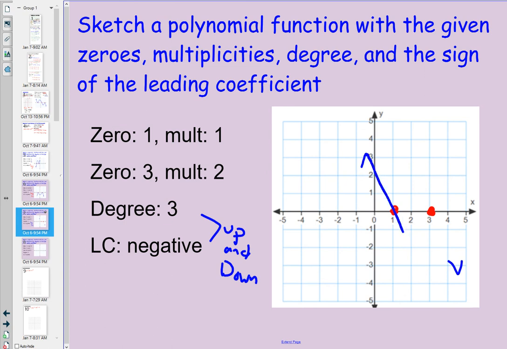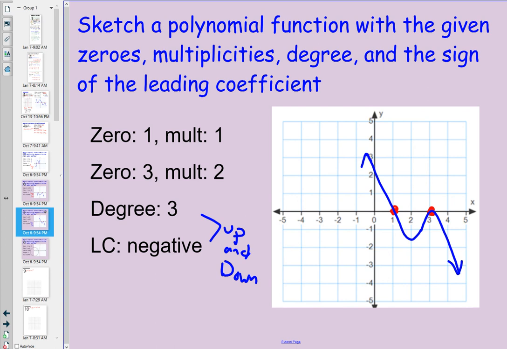I'm going to go right through, but then eventually I've got to turn around. But when I turn around, since I have a multiplicity of 2, it bounces. Questions?